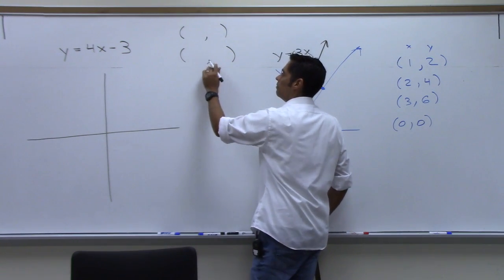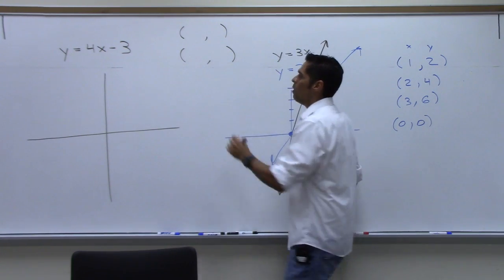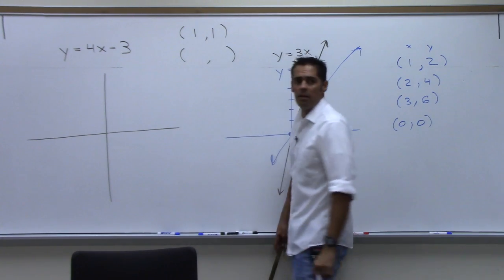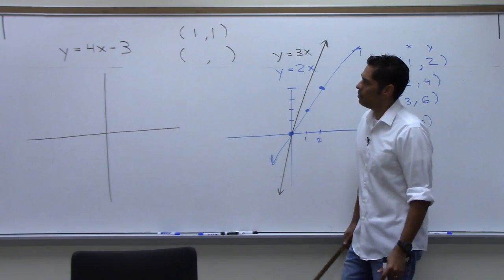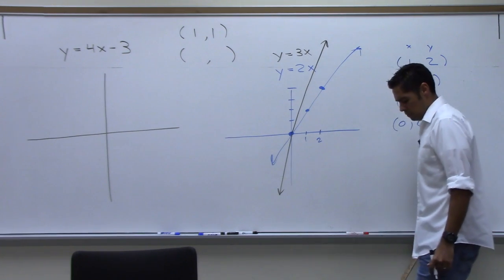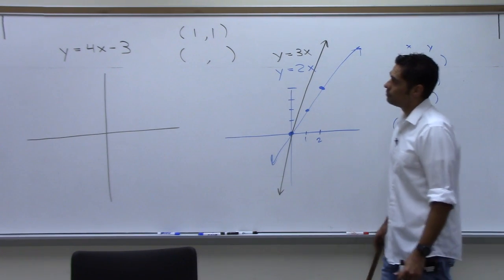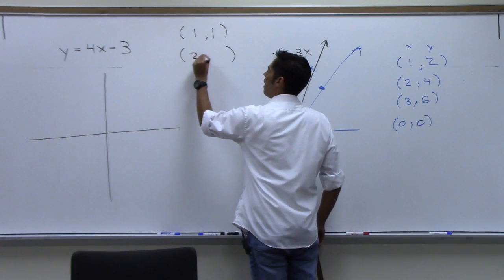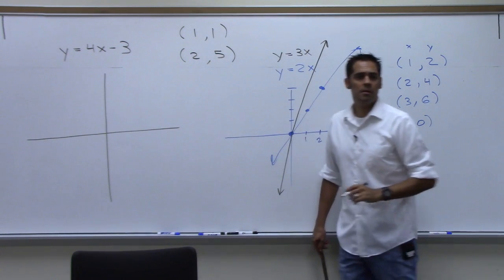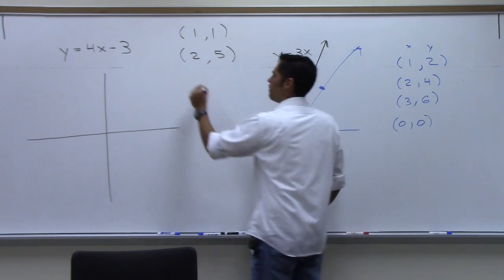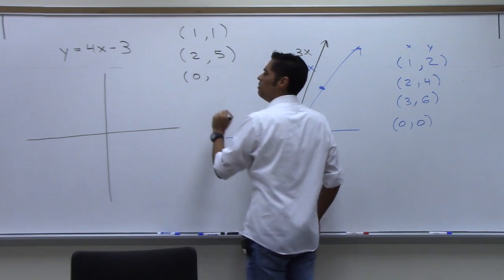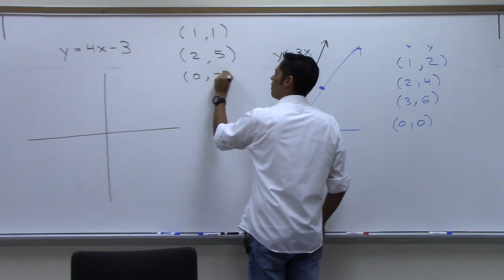Anyone? 1, 1. Everyone agree that lives on that line? Okay. Give me another one. 2, 5. Everyone agree with that? Yes? I'll do one more even though we don't need it. How about 0? 0, negative 3, right?